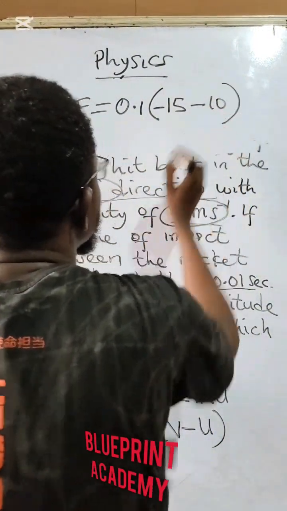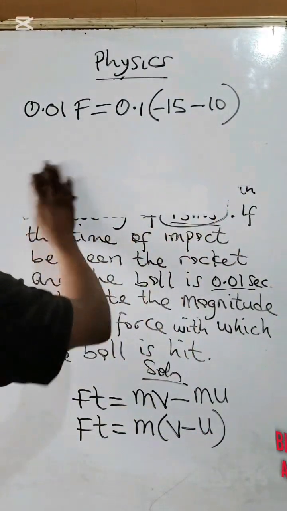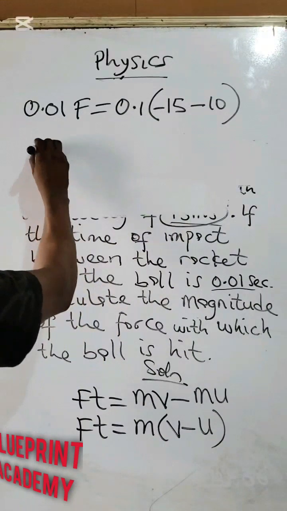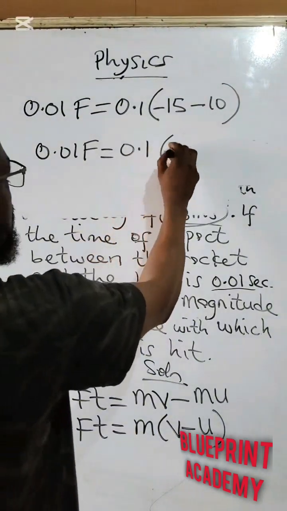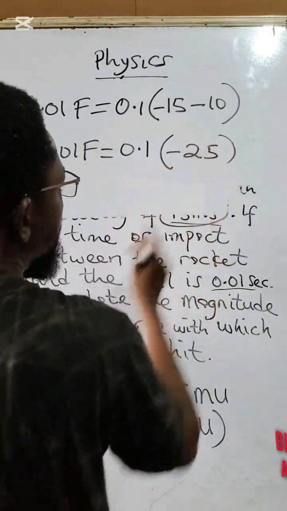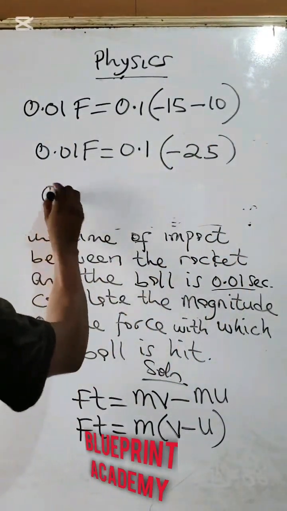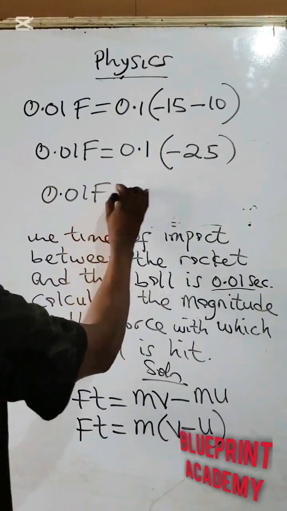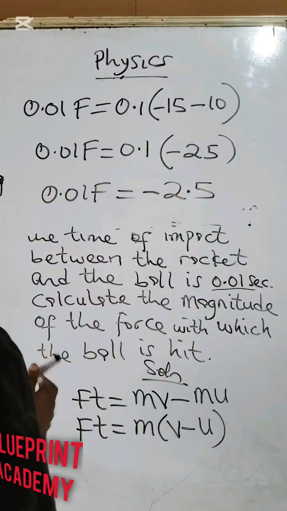So what I'm going to have is 0.01 F equal to 0.1 times minus 25. And when you multiply that, we get 0.01 F equals minus 2.5.